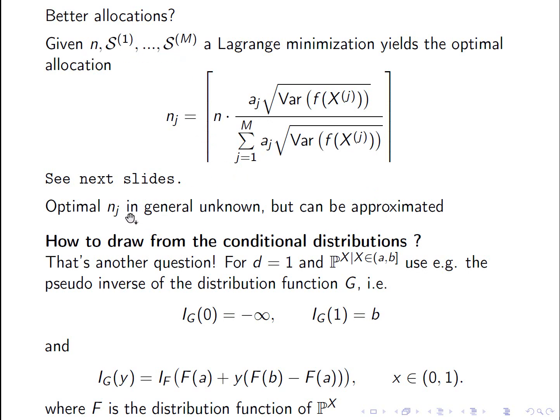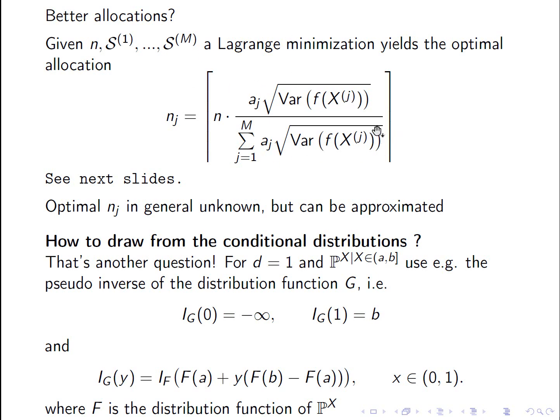But of course this optimal nj is in general unknown, so here we have the variance of f of xj. If we know the variance of f of xj, we typically know the expectation of f of xj, and if we know the expectation of f of xj, well, then we know the expectation of f of x.